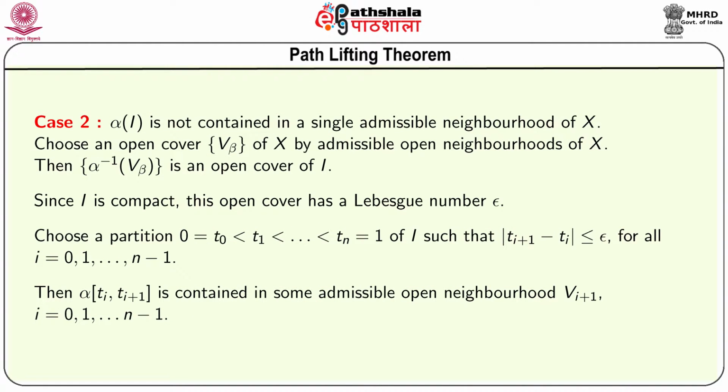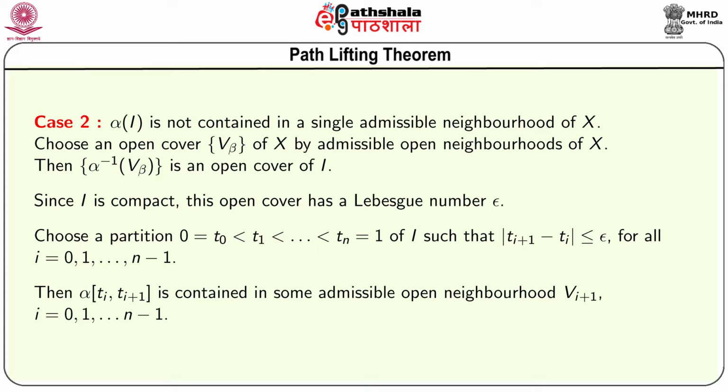Now, in case 2, if alpha(I) is not contained in a single admissible neighborhood of X, then we choose an open cover V beta of capital X by admissible open neighborhoods of X. Then the collection alpha inverse of V beta is an open cover of capital I. Since I is compact, this open cover has a Lebesgue number. Let us call that Lebesgue number epsilon.